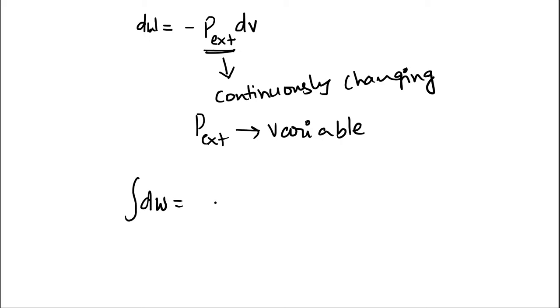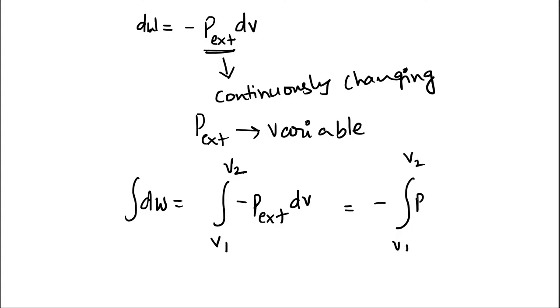That's equal to integral P external times dV over the volume of V1 to V2. So if I rewrite this equation, I get negative integral V1 to V2 P external times dV. Here I should not bring the P external out of the integration. Why? Because P external is variable.